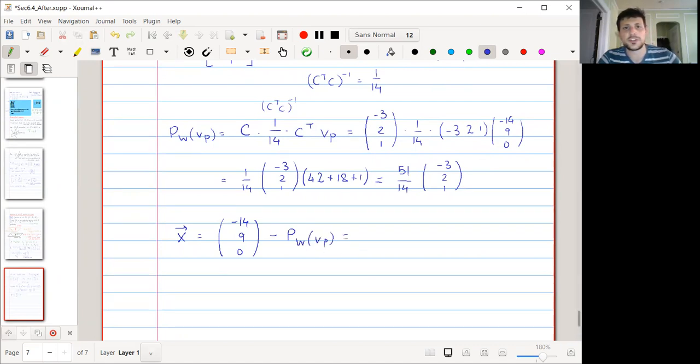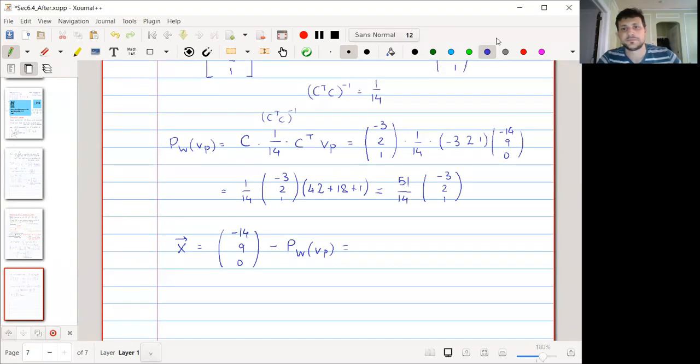I'll pause the video for a second to make sure that I did all of the computations correctly. Okay, after careful double checking, this dot product here is a little different. There's a 0 there because it's -3 times -14, that's 42. 2 by 9 is 18, 1 by 0 is 0, and that's a 60.